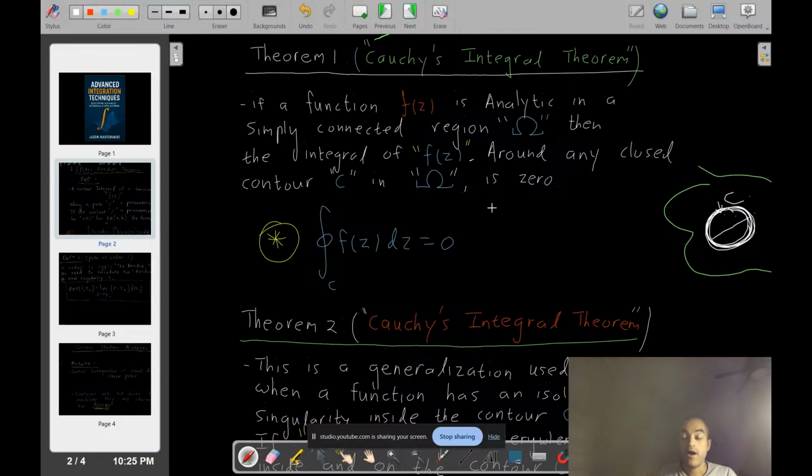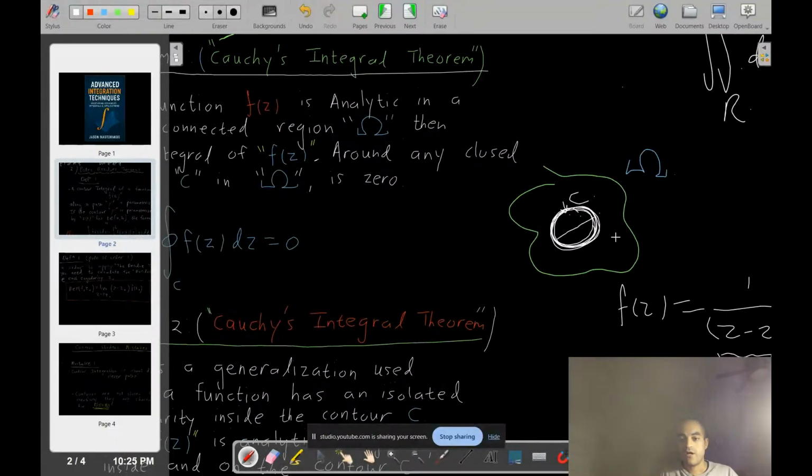And the reason why it's violated is because the integral of f of z dz is equal to, I'm going to get to that, something called the residue theorem. The residue theorem states that this line integral is equal to 2 pi i times the summation of all residues inside of your contour.